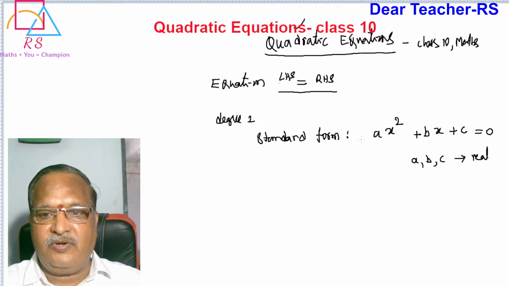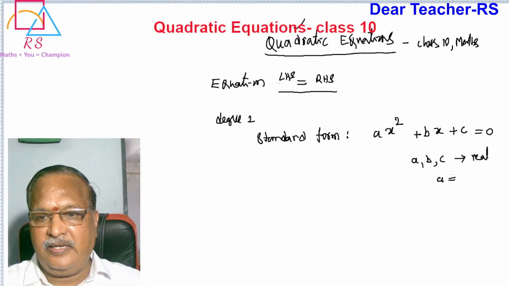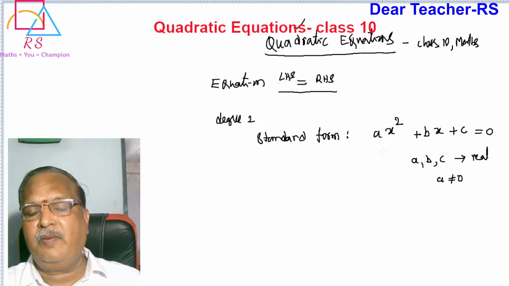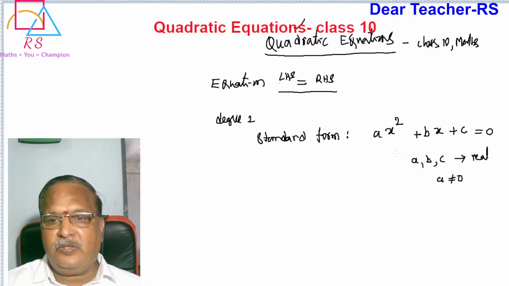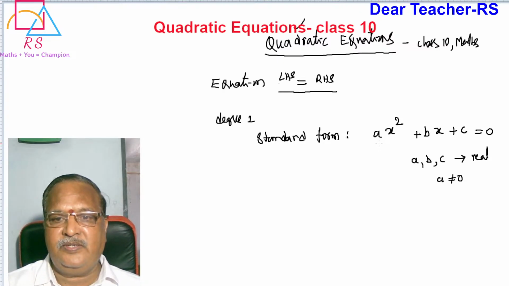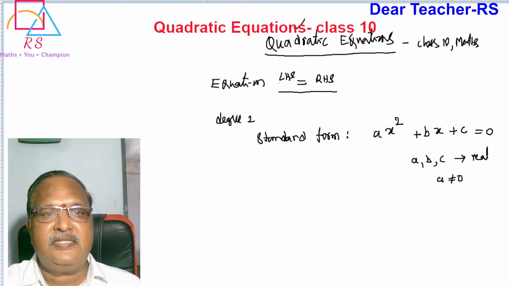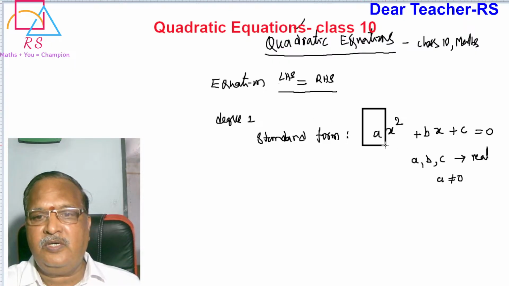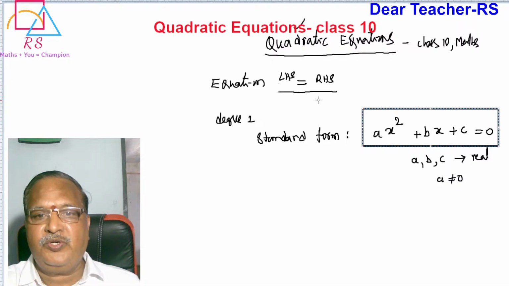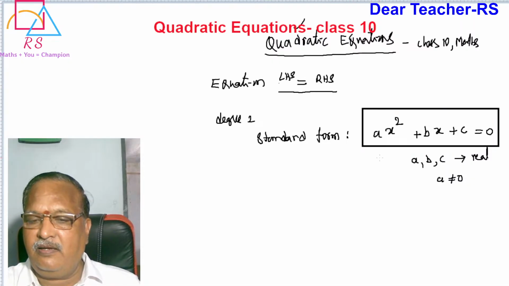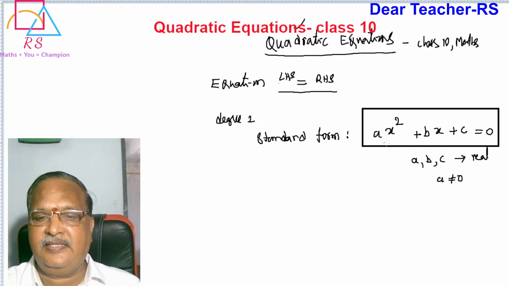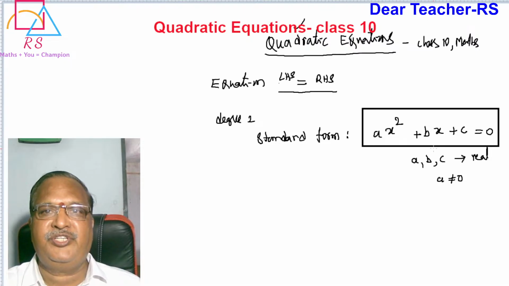Because we are defining a quadratic equation, the x square term should not be 0. That is why a is not equal to 0, because 0 is a real number. If a is equal to 0, then it will not be a quadratic equation. So this is the standard form of a quadratic equation. Of course, a, b, c are real numbers. A is the coefficient of x square, b is the coefficient of x, and c is a constant.